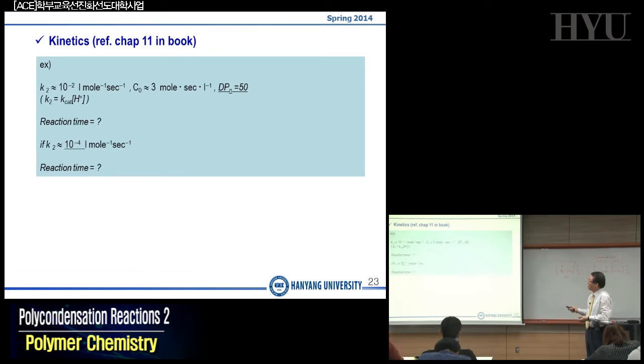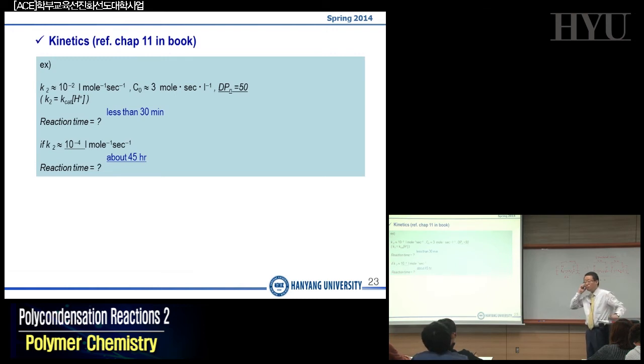For K2 equal to 10 to the minus 2, the reaction takes about 30 minutes. But if we have a very slow rate constant, 100 times less, it will take about 45 hours to obtain dPn of around 50.